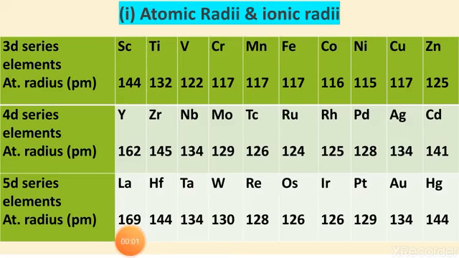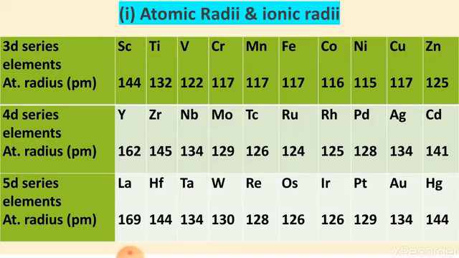So now let us focus on atomic and ionic radii. Before that, I want to tell something about transition elements. The members belonging to a given transition series do not differ so much from one another as those in representative elements, that is s block and p block elements of the same period.